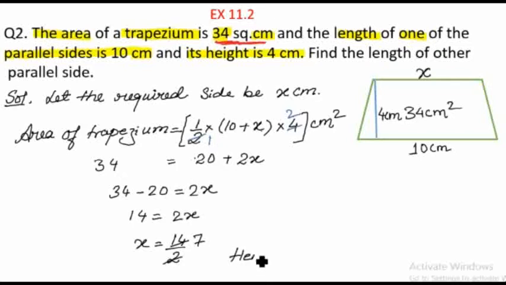Hence the other side is equal to 7 centimeter. So this 7 centimeter is the length of the other parallel side.